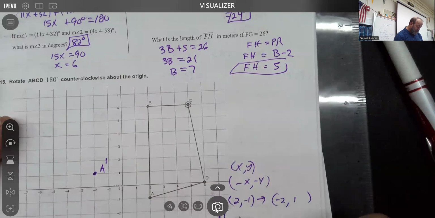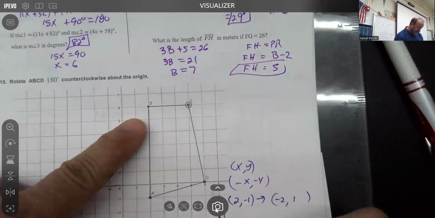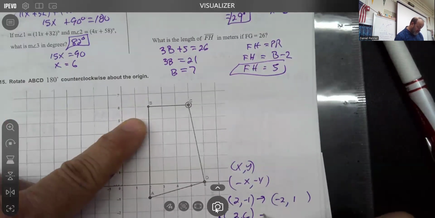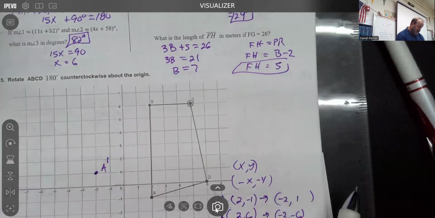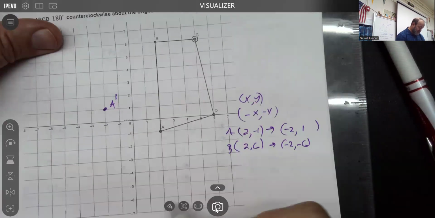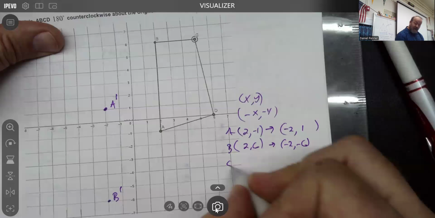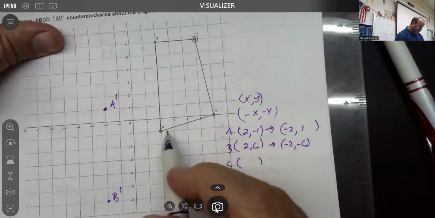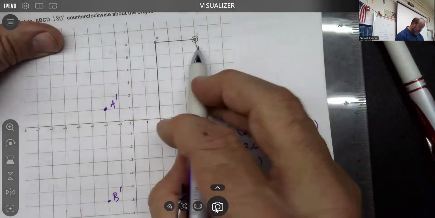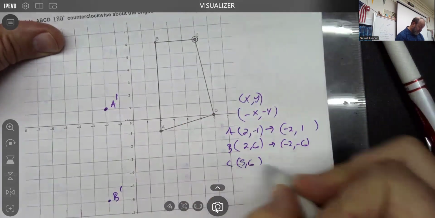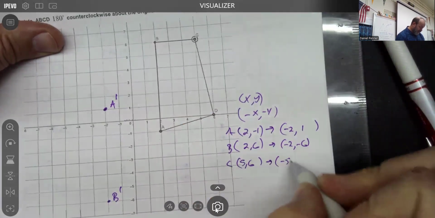My old B was at (2, 6). So my new B is going to be at (negative 2, negative 6). Here's my new B. My old C up here was at (5, 6), which means my new C is going to be at (negative 5, negative 6).